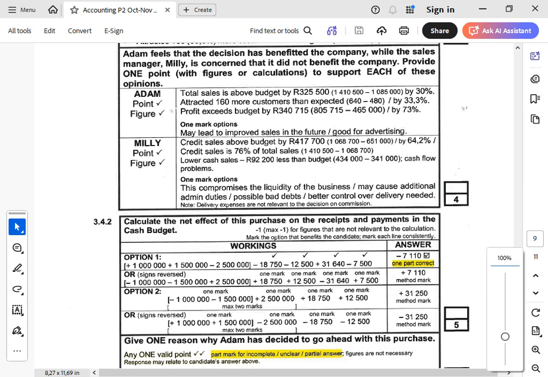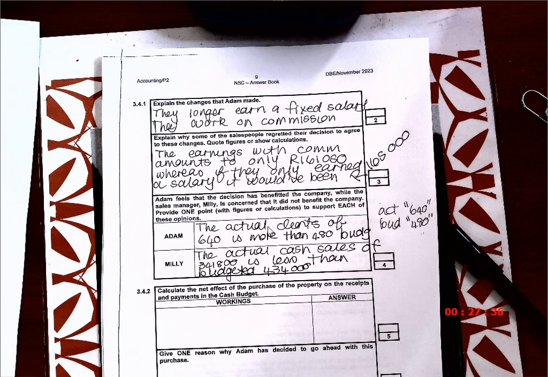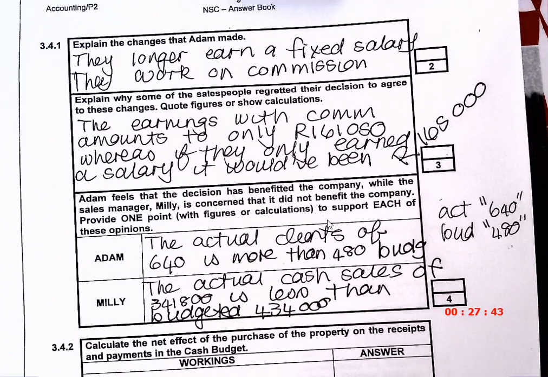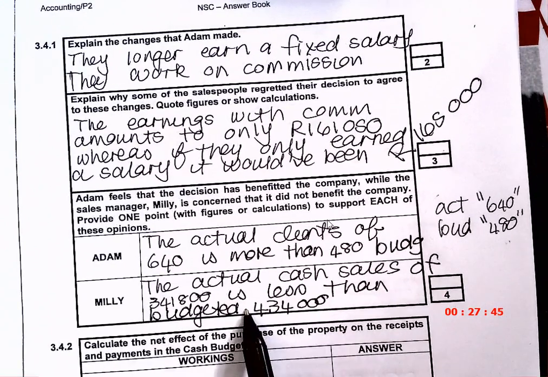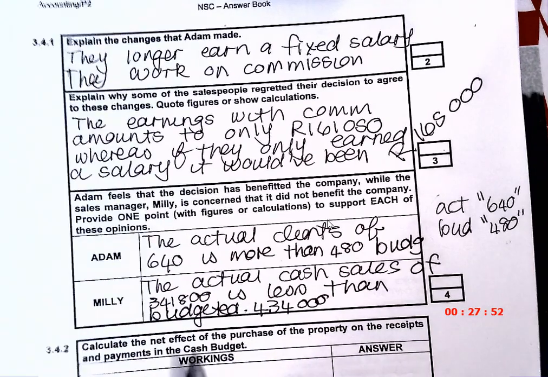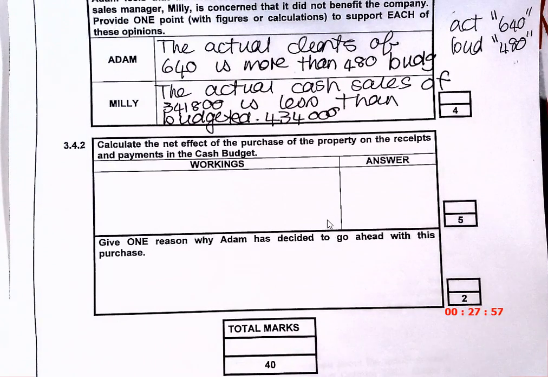I'm saying again, I think the people who set up these papers are way more clever than me, and sometimes they see stuff that I would not have seen. How have you answered it? Did you see this? No. But next time you will. But next time they'll ask you something else. That is why it does not help to waste your time thinking, what is this? Leave it and go.